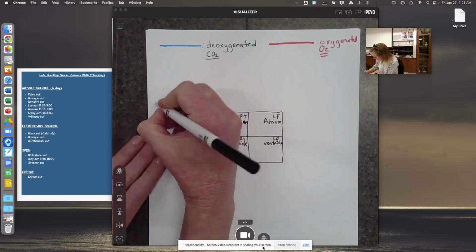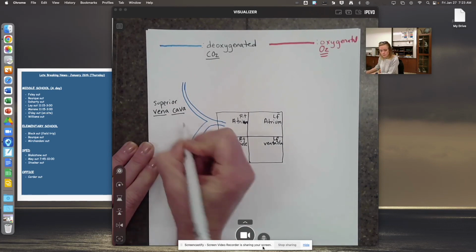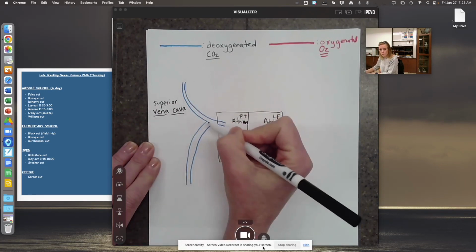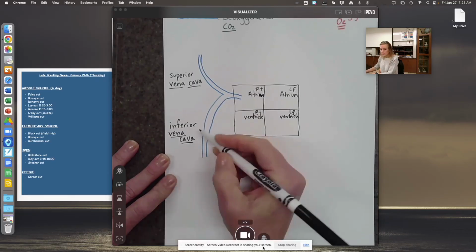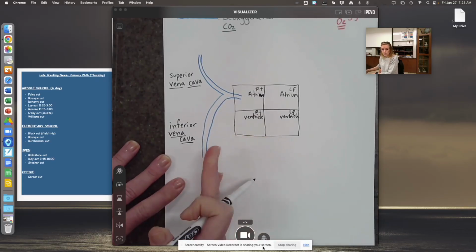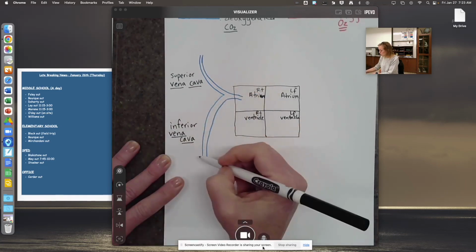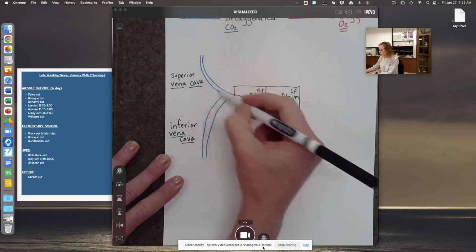Inferior. Vena cava. Superior vena cava, draining deoxygenated trash blood from your brain and arms. Inferior vena cava is draining blood up to this part. So you either shoot straight up here or you shoot down into here.